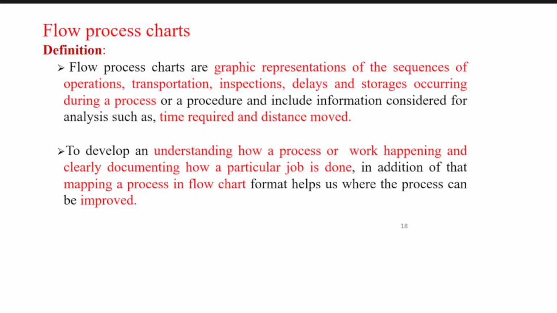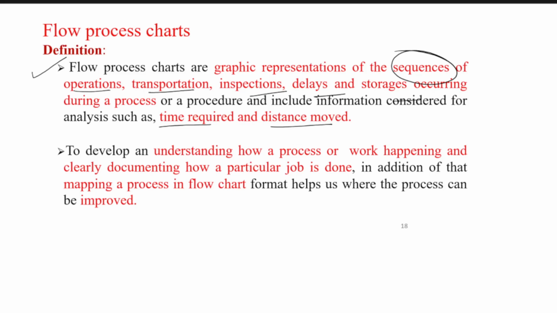Then the flow process chart. Here the flow process chart is a graphic representation of the sequence of the operations, transportation, inspection, delays, and storages occurring during a process or procedure, and it includes information considered such as time required and distance moved.